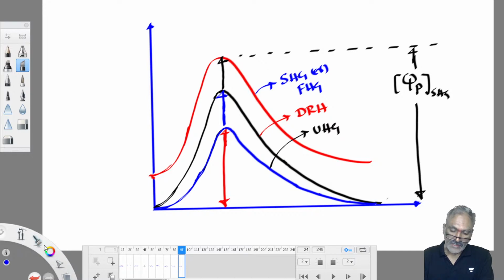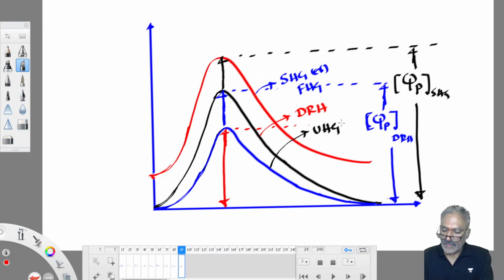Then there only you will find the peak coordinate of the direct runoff hydrograph, and the peak coordinate of the unit hydrograph as well.